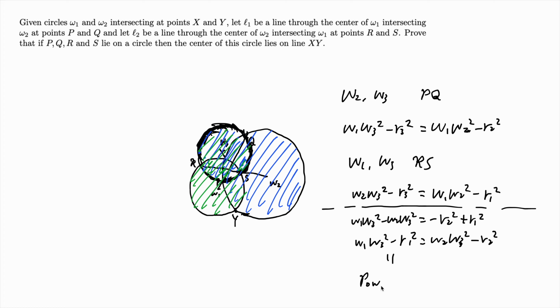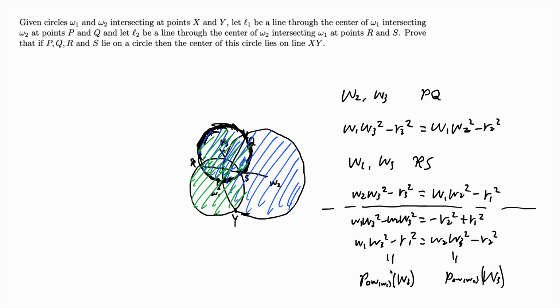So the power of omega sub 3 from omega sub 1, and this is equal to omega sub 2. Is this right? Let's double check. From omega sub 3, it is the power of omega sub 3. And that is right. So we know that the power of omega sub 3 from omega sub 1 and omega sub 2 are the same.